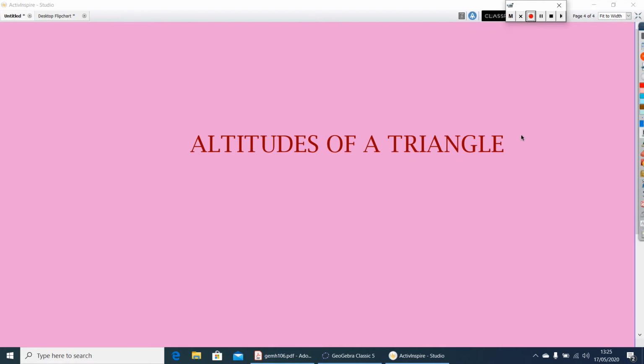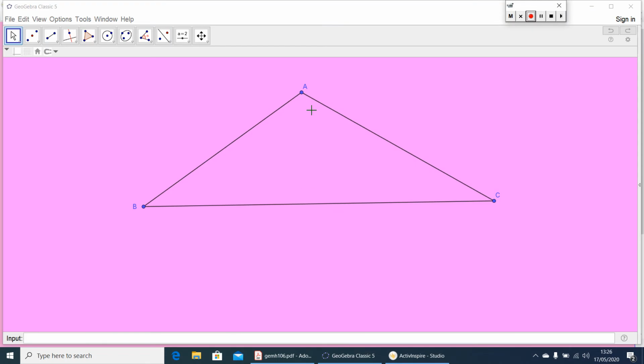Now we can discuss altitude of a triangle. Here you have a triangle ABC. Now we have to find out the height of this triangle. That means it is the distance from a vertex to its opposite side.